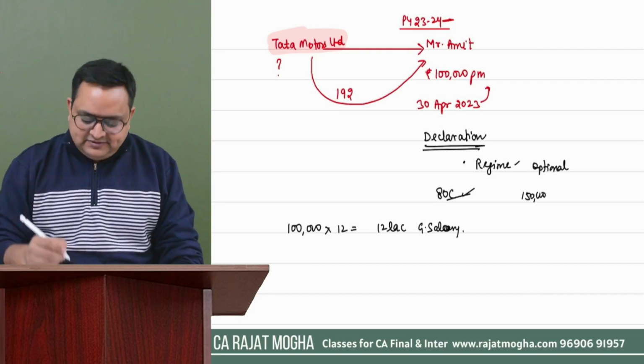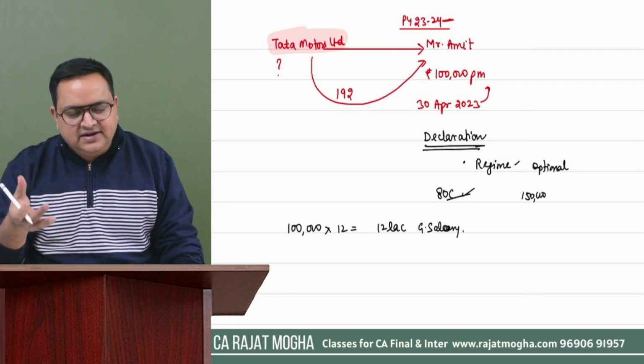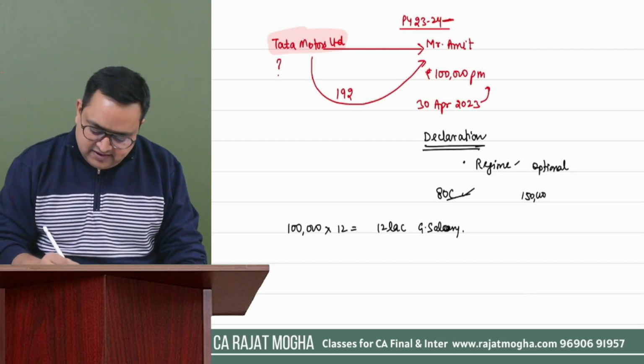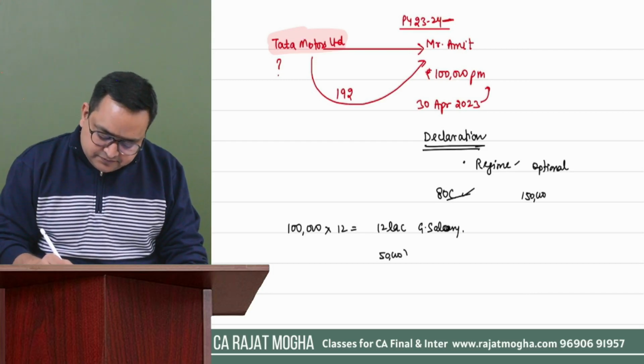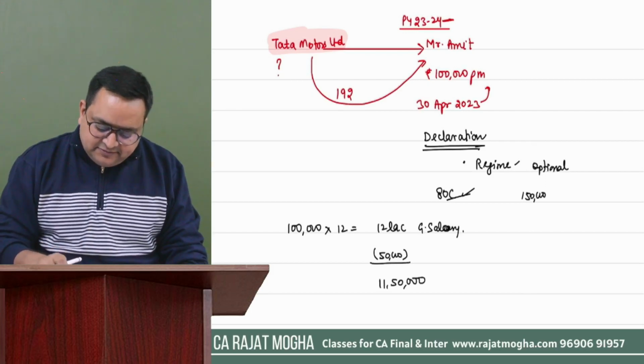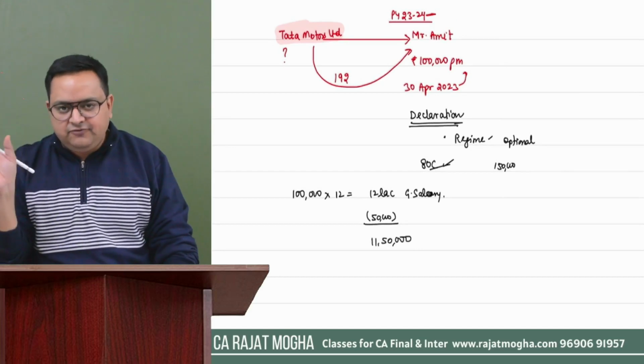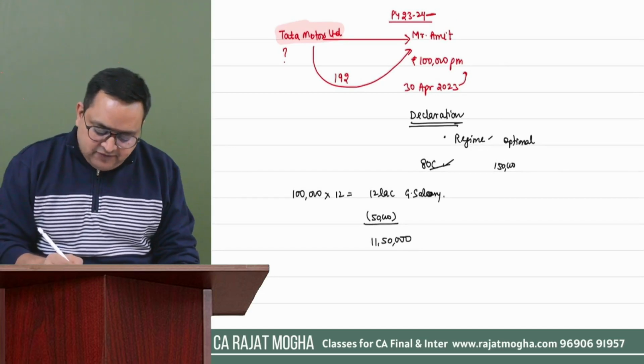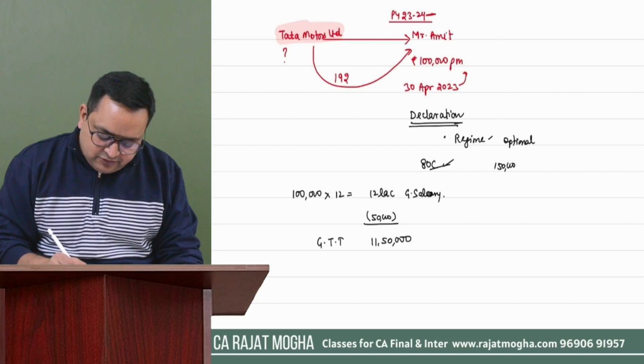And from gross salary, we can have at least the Section 16 standard deduction, let's say we are giving 50,000. So his salary income will be 11,50,000. Let's say this person does not have any income from any other head, so this income will become his gross total income also, right?